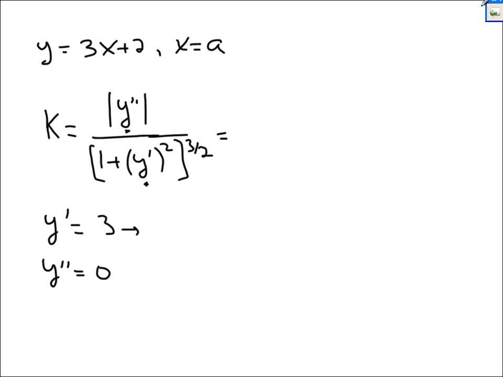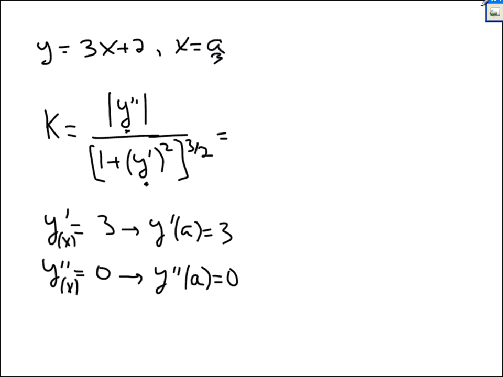This is y double prime at x, y prime at x. So y prime at A, well, it's a constant function. Y prime is always 3. Same with y double prime. It's a constant function.